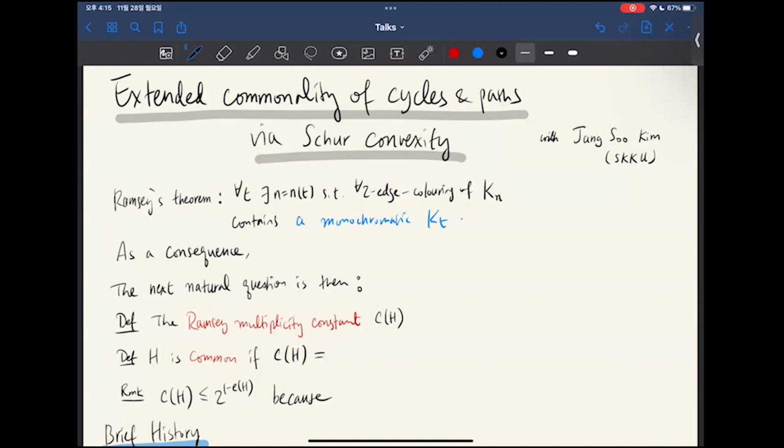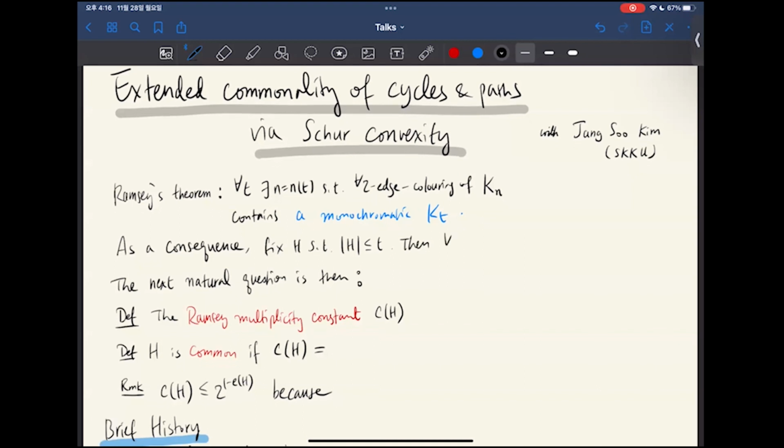And as a consequence, if I fix my H, and this fixed H has the number of vertices at most t, then given any two-edge coloring of the same Kn also contains a monochromatic copy of H.